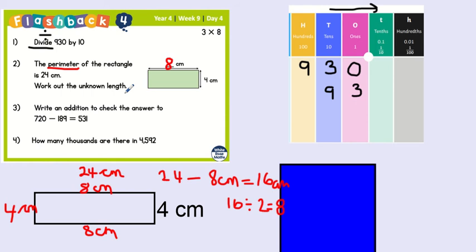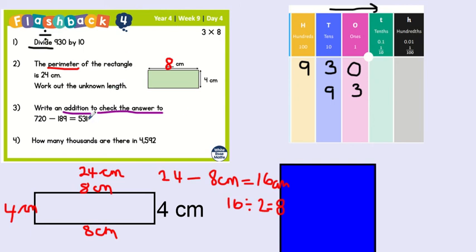Now we've done lots of work on these types of questions, so fingers crossed you're all feeling confident today. Now it says write an addition to check the answer to this question. 720 subtract 189 equals 531. Now you'll know, year 5 and 6, that we need to do the inverse.